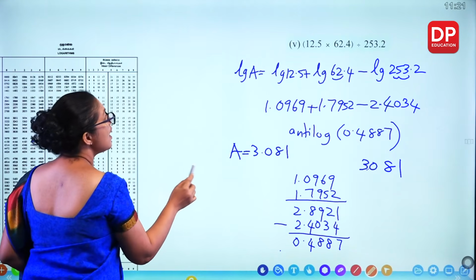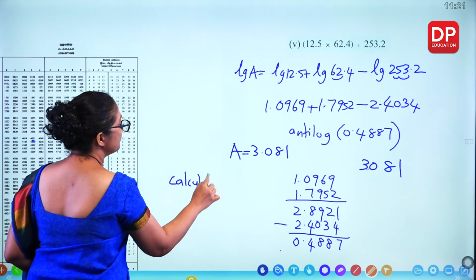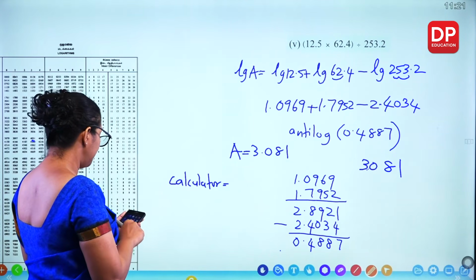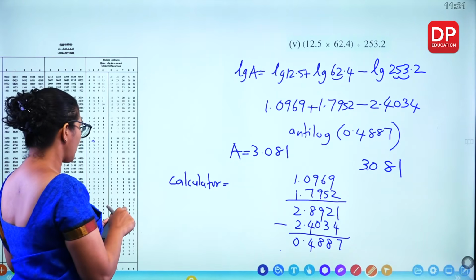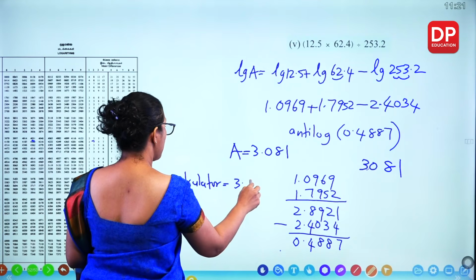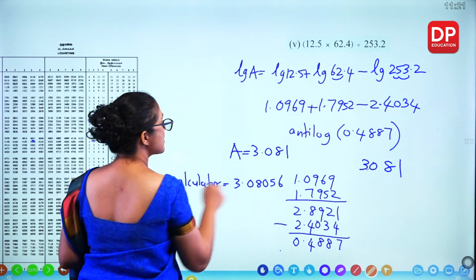Now we'll see how we get the value. So the calculator value. Use the calculator. You get 3.08056.